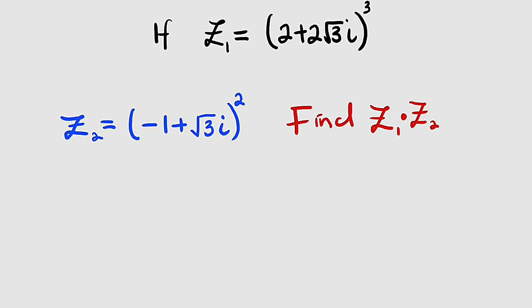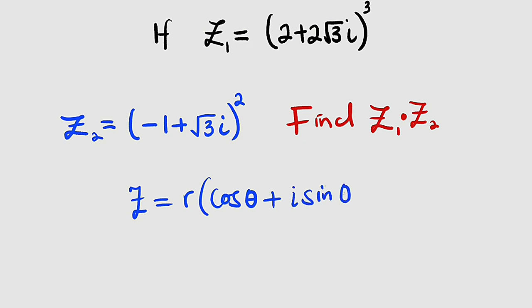First of all, we have to transform our complex numbers to polar form. And you know that the polar form of a complex number is written as z equal to r multiplied by cosine of theta plus i sine of theta. This is the polar form.